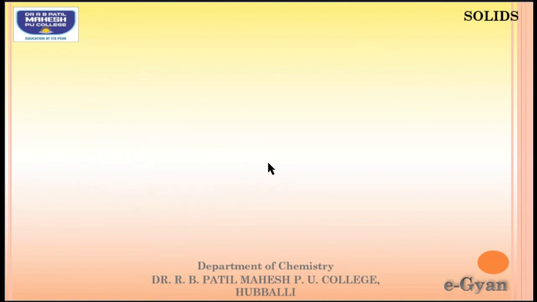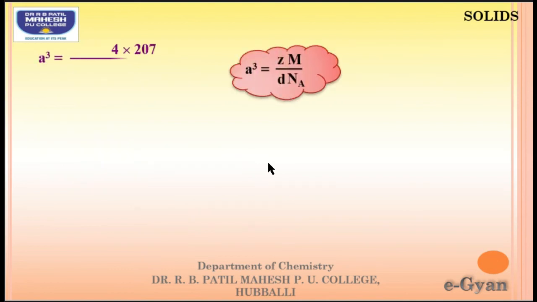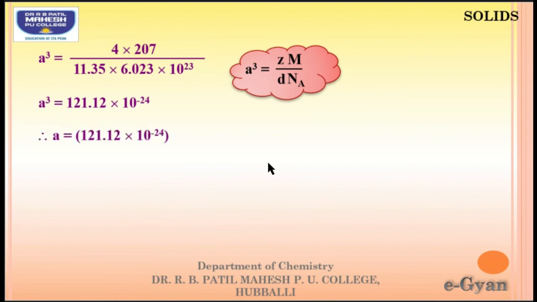So let us calculate. A cube is equal to 4 into 207 divided by 11.35 into Avogadro number. On solving, we get 121.12 into 10 to the power of minus 24. And to calculate a, that is edge length, it is 121.12 into 10 to the power of minus 24, to the power 1 by 3.